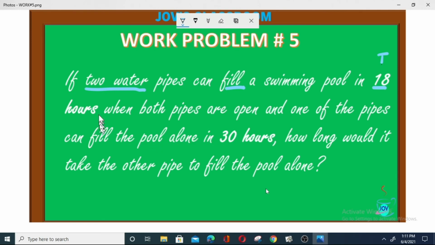Both pipes, 2 water pipes, can fill in 18 hours when both pipes are open, and one of the pipes can fill the pool alone, so this is the rate of one of the pipes, 1/30. How long would it take the other pipe to fill the pool? So very clearly the other pipe's rate is unknown.